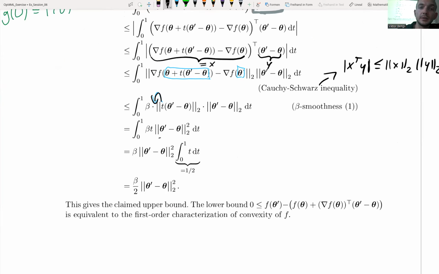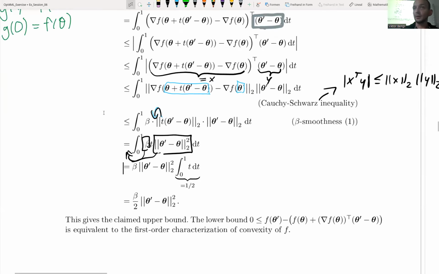This and this are not depending on the integration variable, only the t here. So we get here beta times the squared Euclidean distance between theta prime and theta times the integral from 0 to 1 of t. This is 1/2, yeah? And we get the 1/2.